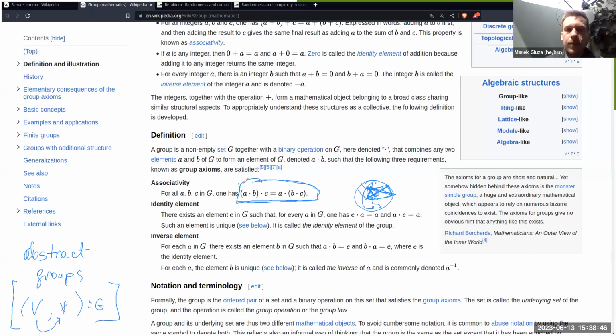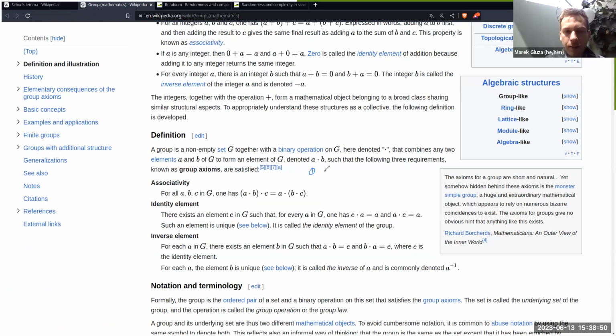And why this associativity is important is because I could call A, B another element D, and B, C, I could call E, okay? E is actually a bad notation because E is reserved for the identity element. So we will put F here, okay?